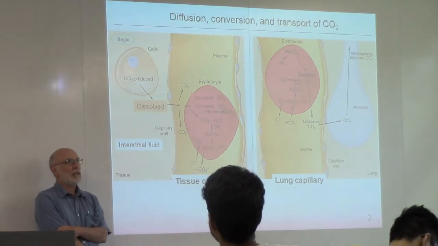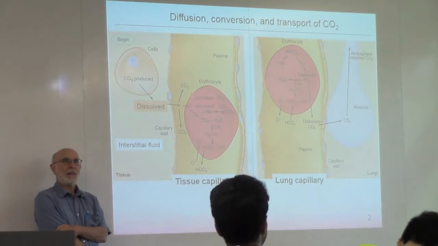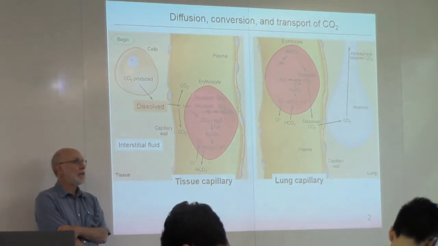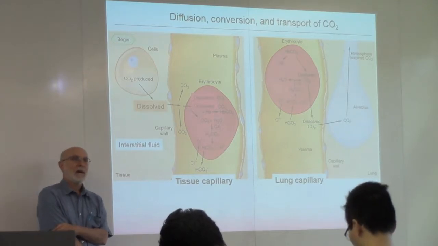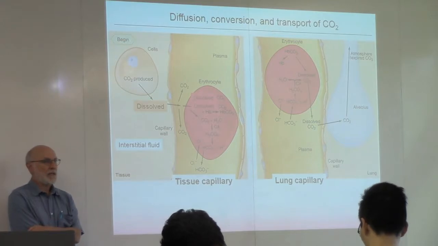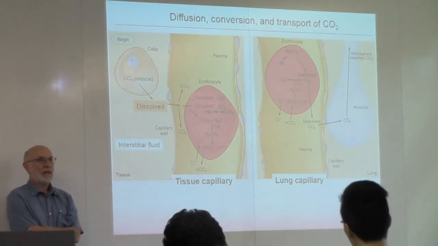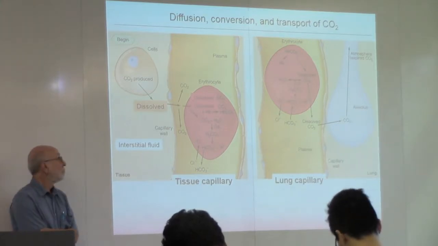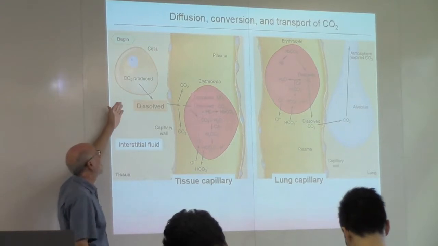Well, oxidation of pyruvate produces CO2. The Krebs cycle produces CO2. Those are the things we talk about in Cell Phys. Oxidation of fat and protein also produces CO2, although the steps are slightly different than the oxidation of glucose. And that's in the mitochondria. Mitochondria of metabolically active tissue produce CO2.